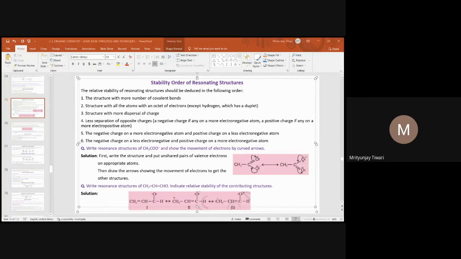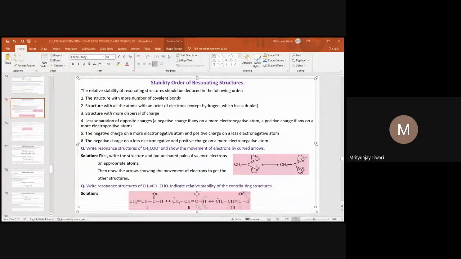Now once it forms a bond between this oxygen and this carbon atom, with the other bonds also there, you will see five covalency of this carbon atom. Five covalency means carbon will have 10 electrons in its valence shell, which is not a feasible condition because carbon is a second period element. It does not have any vacant d orbital, so it cannot expand its octet.